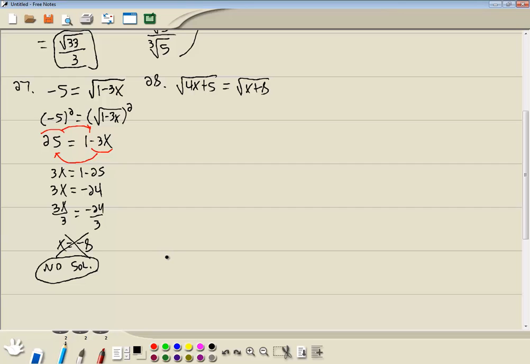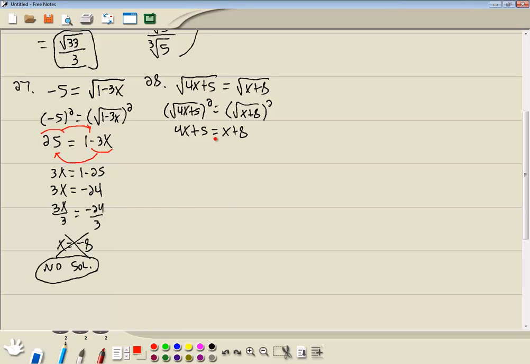Our second step is to raise both sides to a power equal to the index. These are square roots, so we'll square both sides. So we've got square root of 4x plus 5 squared is equal to square root of x plus 8 squared. Now whenever your index matches a power, they cancel each other away. So that gives us 4x plus 5. And this one gives us x plus 8.